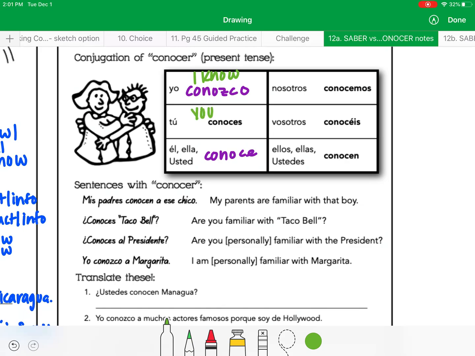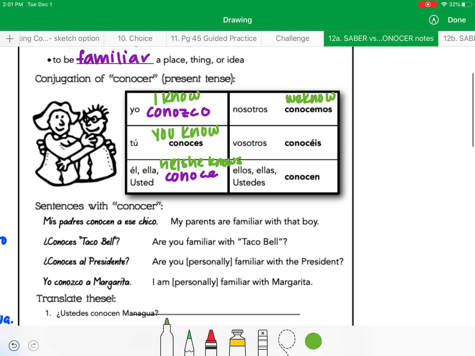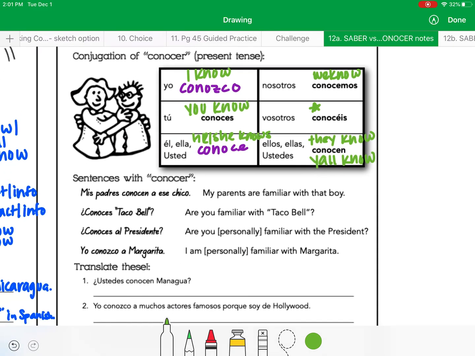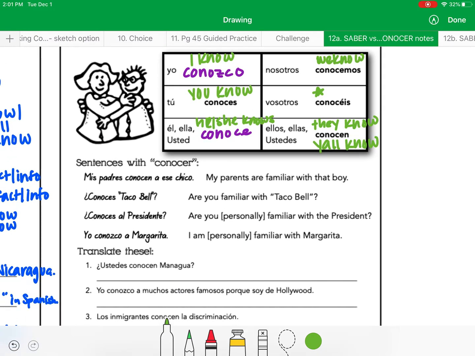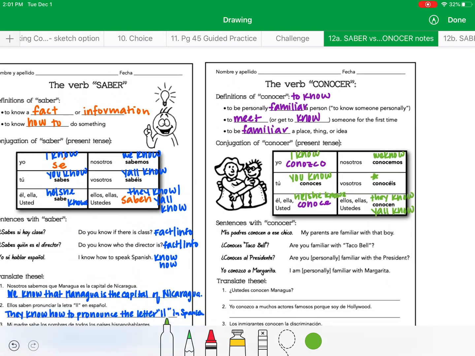I know, you know, he or she knows, we know, y'all know, which is only in Spain, they know, or y'all know. So you have to use these rules up here to know when to use each one.